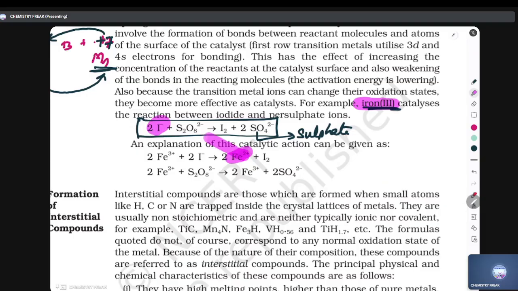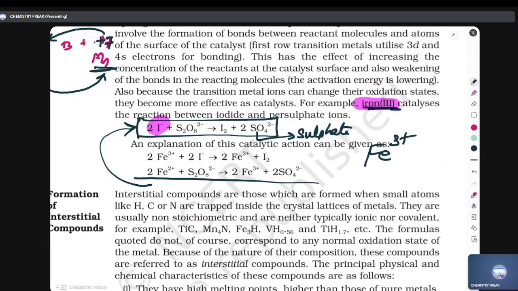Now this iron 2 plus will combine with this fellow and finally the product is obtained. Now, if you add these two reactions, you will get this reaction. In this reaction, iron 3 plus is acting as catalyst, and this is very, very important. Okay. Understood? Shall I go for the next one?